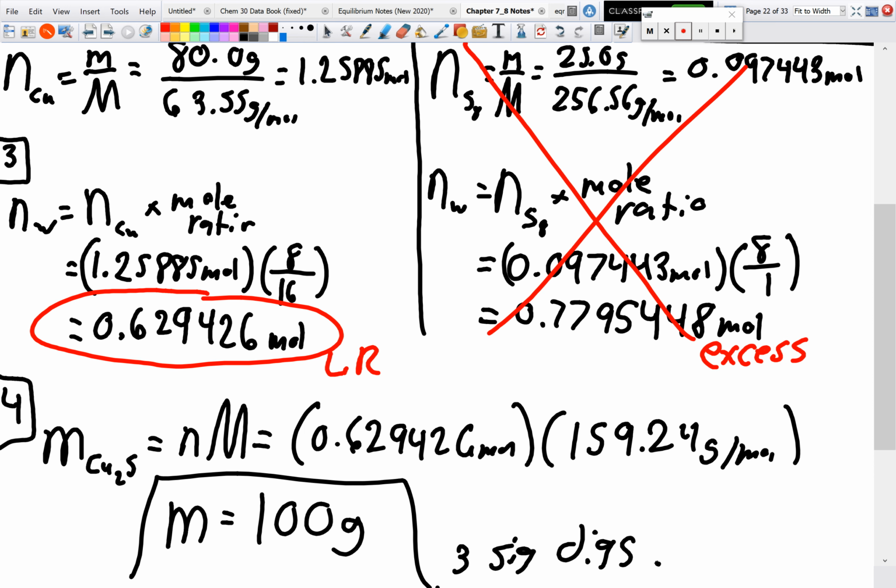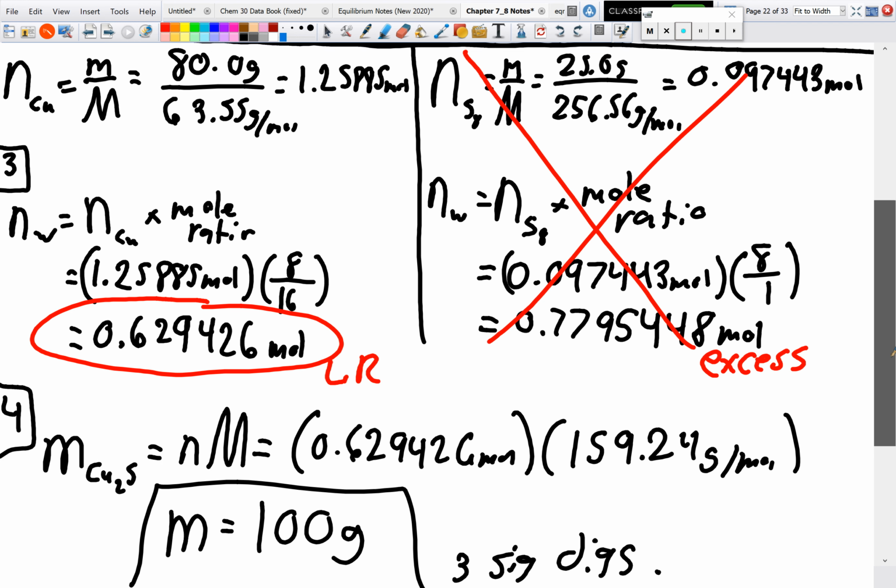We have 100 grams. So that is how we solve these limiting reagent type questions, where you have to go through all the steps that we have done before, but make sure we use the one with the lowest number of moles from step 3.